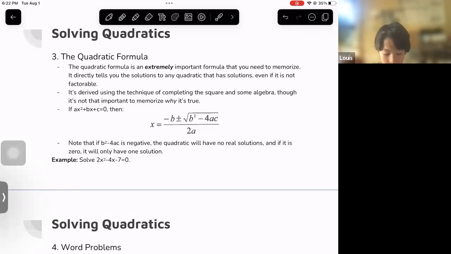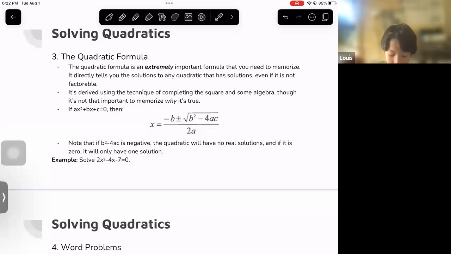So it directly tells you the solution to the quadratic even if it's not factorable. It's derived using the technique of completing the square and some algebra, though it's not important to memorize why it's true. And it's really hard to prove it.